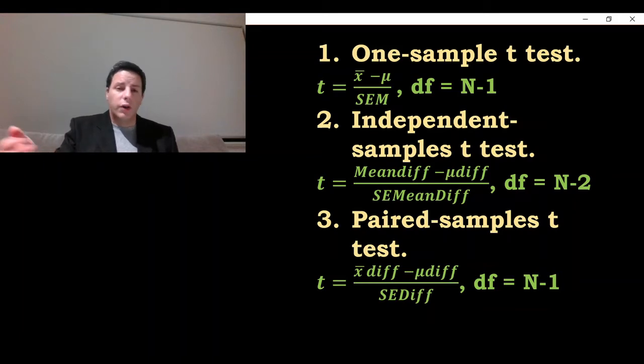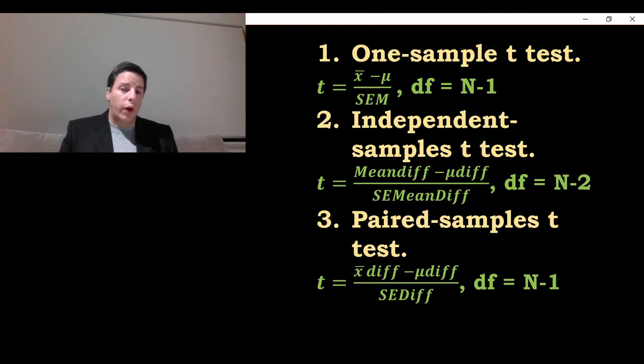So if we had 30 participants and we calculated a mean of our sample, then we got 29 degrees of freedom because we calculated 1 mean. So that is the heuristic we have to use to determine how many units we subtract from the sample size.